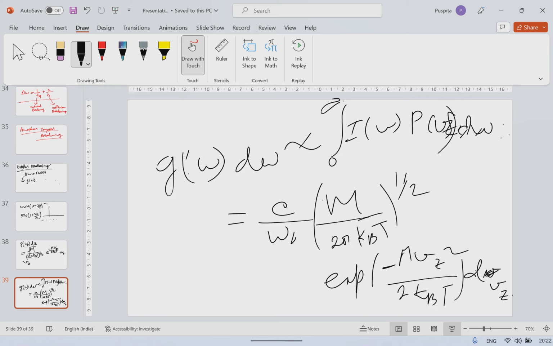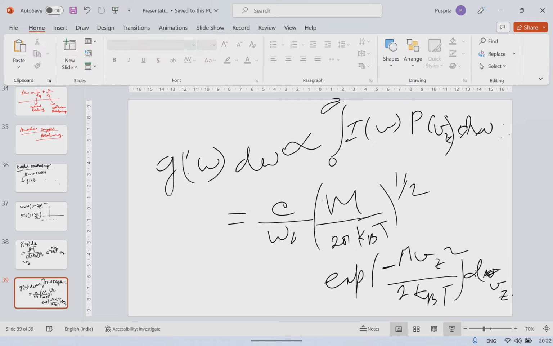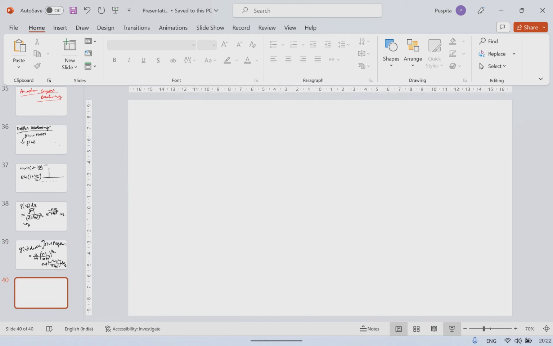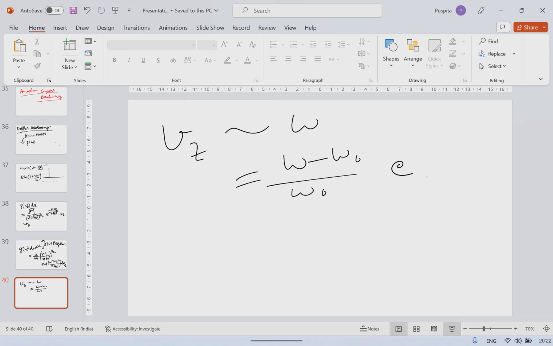We need to change vz in terms of omega, otherwise it will not be possible to do this integration. I have written this in an incorrect way. So vz needs to be changed to the omega domain: it will be (omega minus omega naught) over omega naught, times c, the velocity.